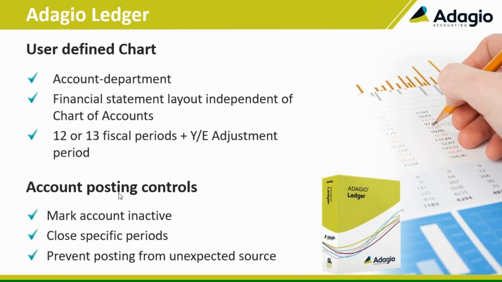So in the entry-level products, when you add an account into your general ledger, you tell the product where on the pre-formatted financial statements you want this account added. In Adagio, you just add the account into your chart of accounts, and the financial statement can be prepared and laid out to your specifications with summarized numbers, with arbitrarily summarizing accounts in your GL or doing them on a detailed basis.